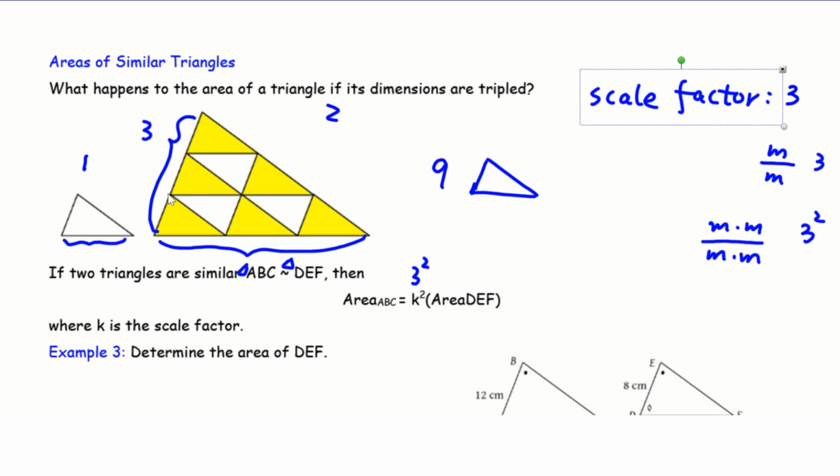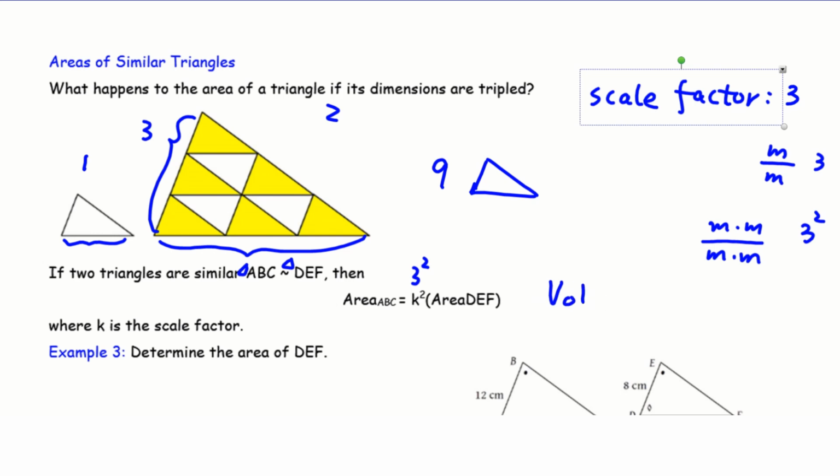So you have 2 sides multiplied together. Each side is 3. So it's 3 times 3, 3 squared. You can think of the units. Units squared, then the scale factor squared. And the same thing for the volume. For volume, the unit is cubed.